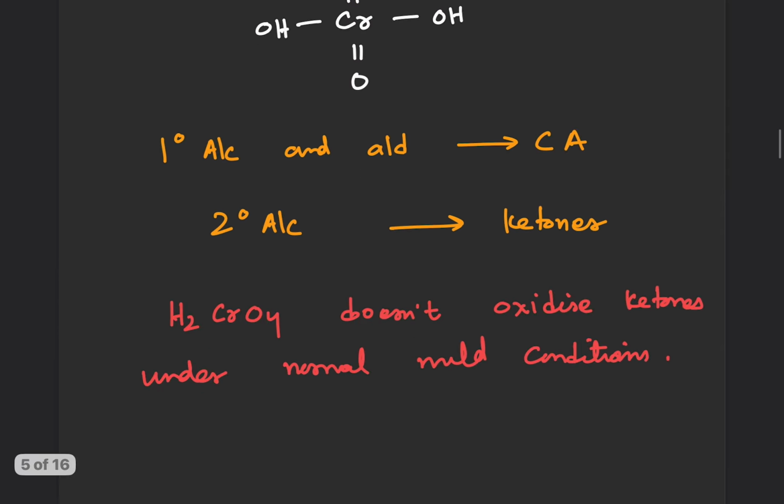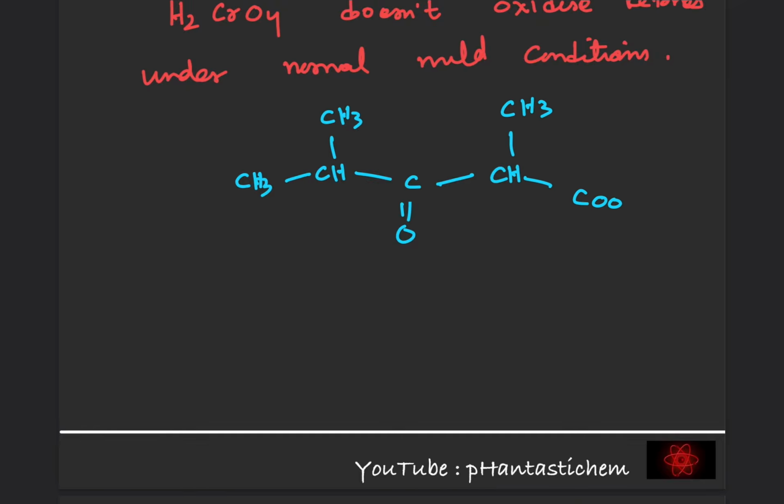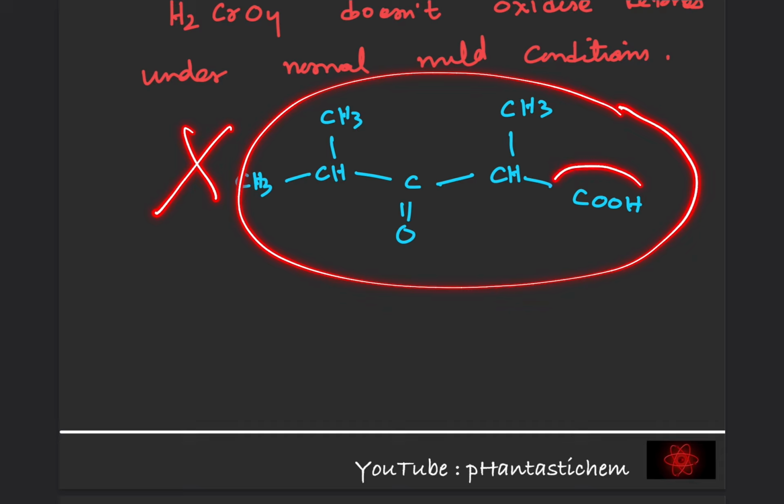So ultimately, after reacting it with H2CrO4, we will get CH3, CH, CH3, C double bond O, CH, CH3, COOH, right? So this is the final answer, and you can see again this is not the correct option because it is a monocarboxylic acid and it contains one COOH group in the molecule.